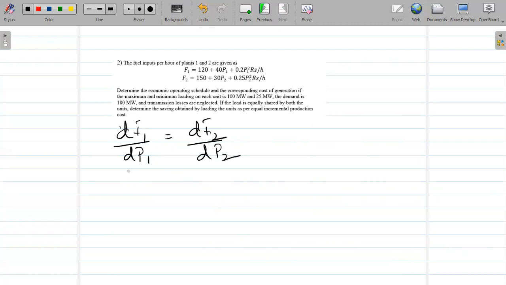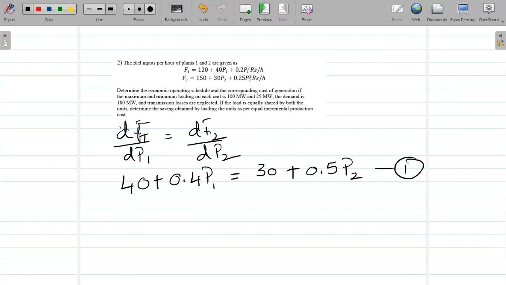F1 is given, so differentiate F1 with respect to P1, dF1 by dP1. Then it will become 40 plus 0.4 P1, equal to dF2 by dP2, which is 30 plus 0.5 P2. Let it be equation 1. So this is the economic schedule.